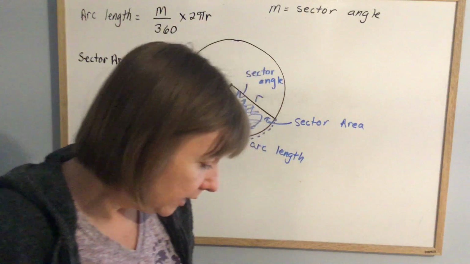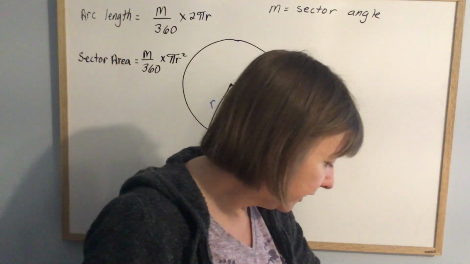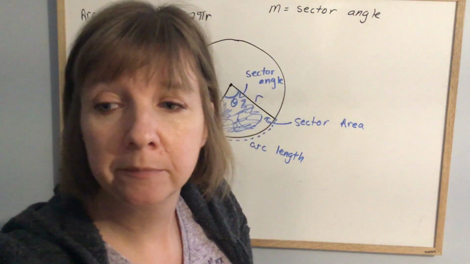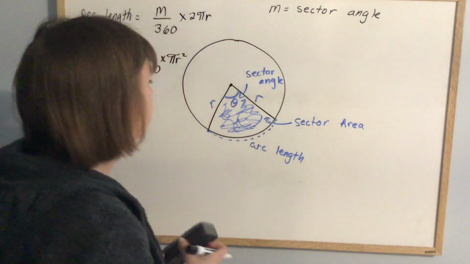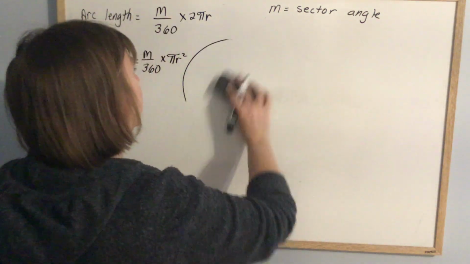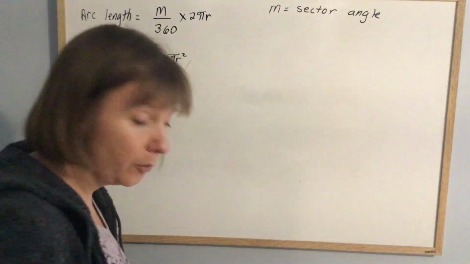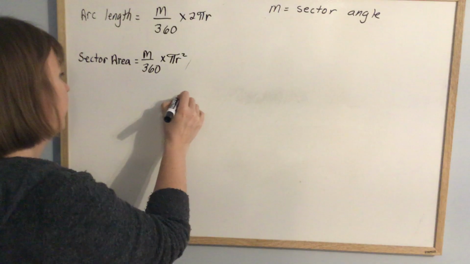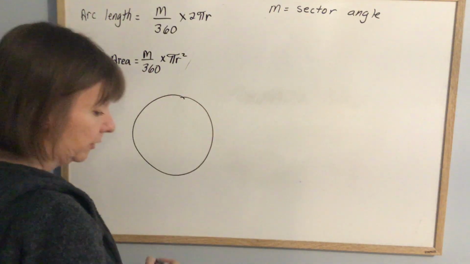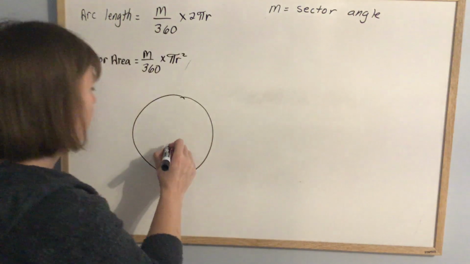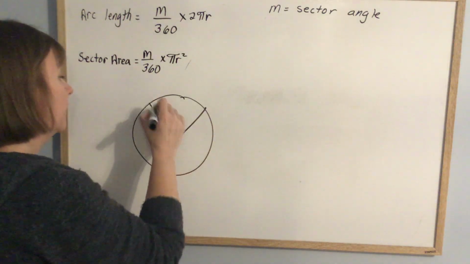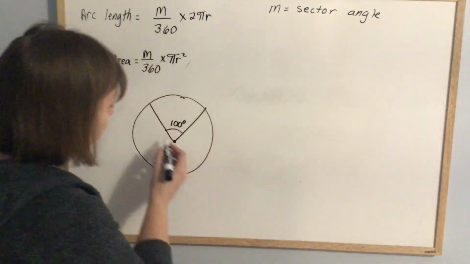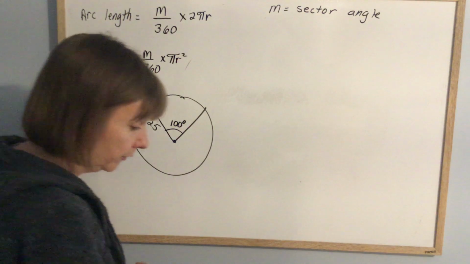So we're going to do one example, and that's it, so it won't take very long. In example 1, on page 434, they give us a circle. The sector angle is 100 degrees and the radius is 25 meters.